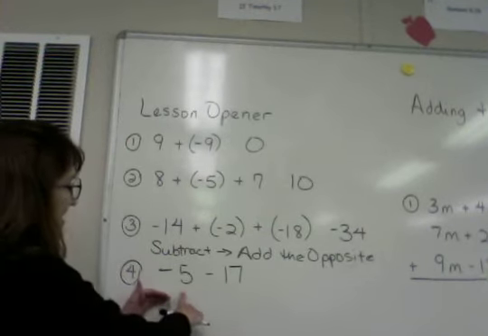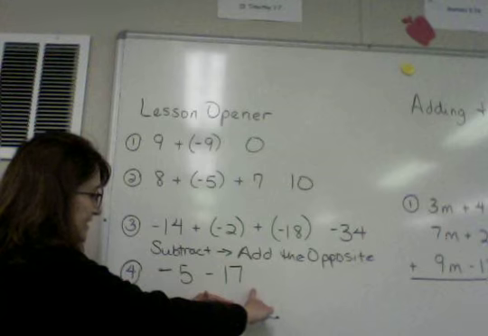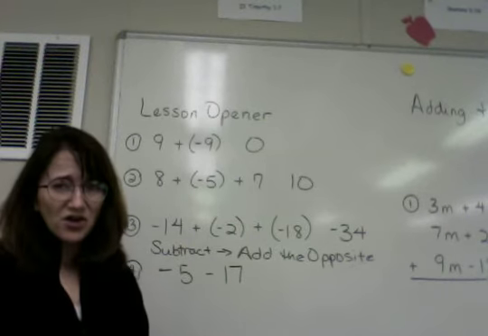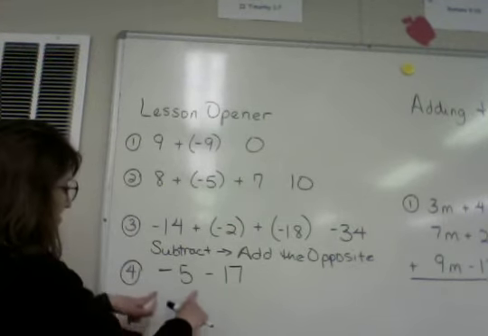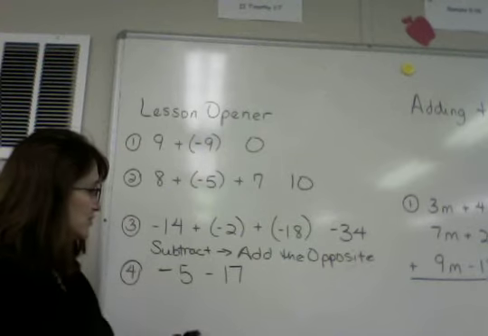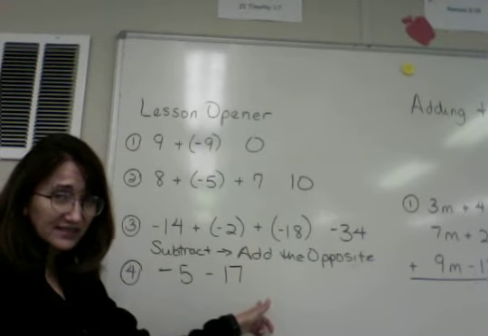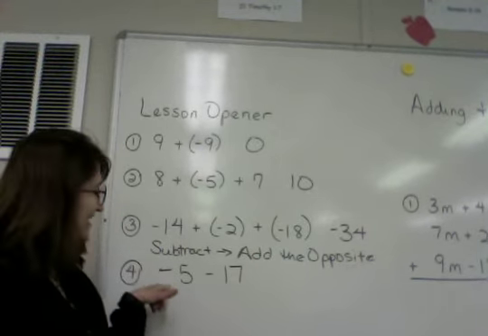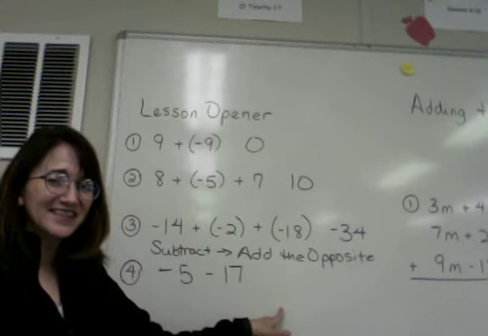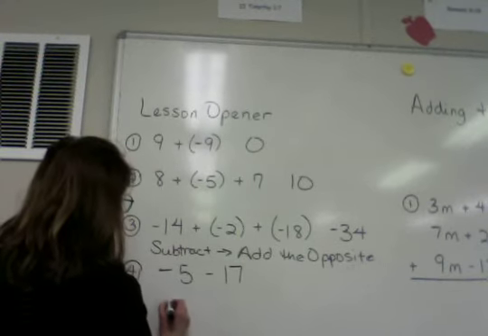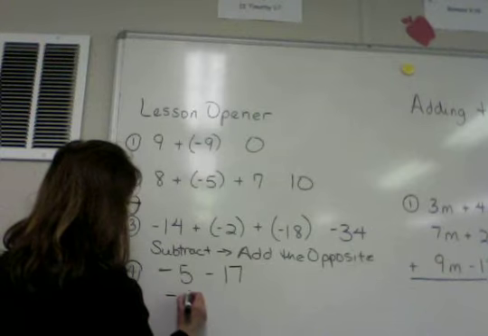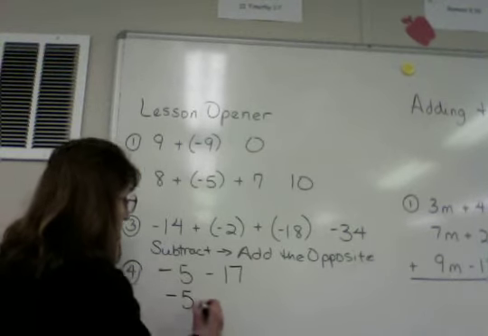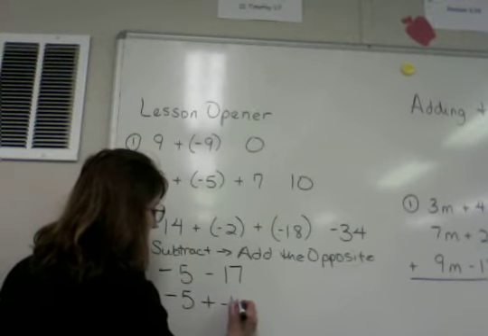So I have a negative 5 and I'm subtracting a 17. That's not what I'm going to do. I'm going to have a negative 5 and I'm going to add what? Add a negative 17. So I'm going to say not subtraction, but add the opposite.